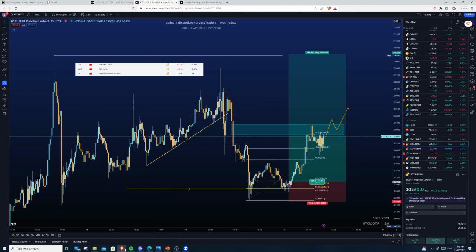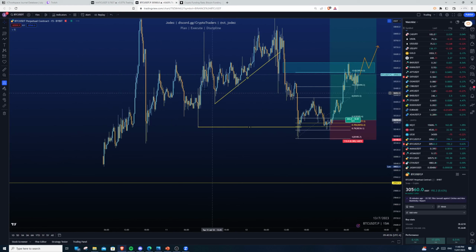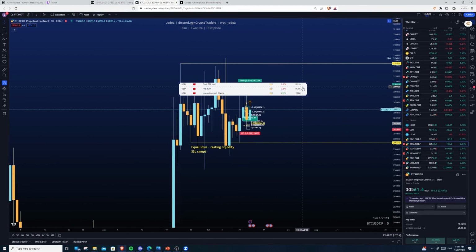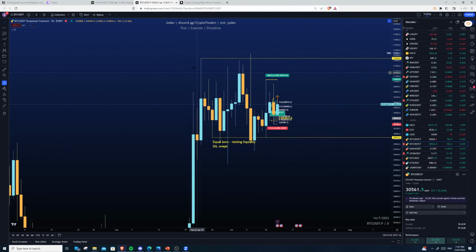Right, so let's have a look at a few examples on the chart. We can see that Bitcoin has been trading in a pretty tight range for a while now, and during these trading ranges is when you can really see how often these stop hunts occur.